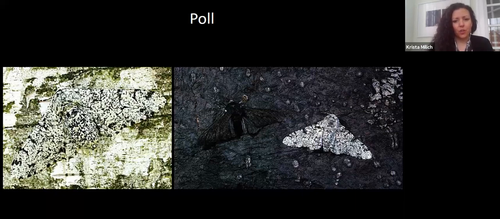Thank you. Okay, so go ahead and take a minute to look over this question. What is this an example of, these two pictures? And choose the answer that you think this is related to.